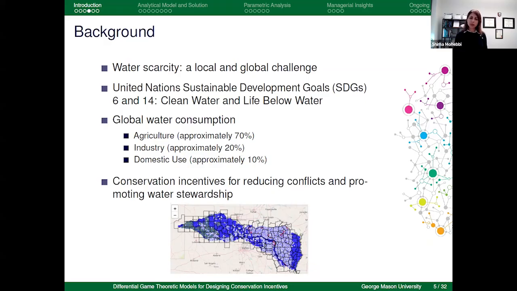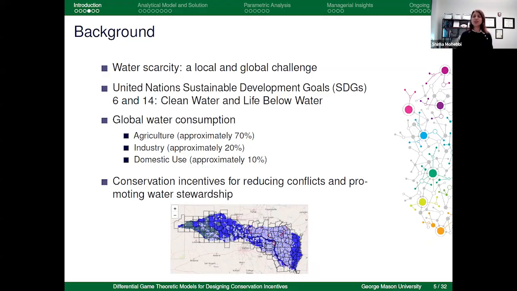So, freshwater resources, both surface and groundwater, are a vital component of environmental systems and are essential for human and societal development. In fact, two of the United Nations Sustainable Development Goals, Goal 6, clean water and sanitation, and Goal 14, life below water, especially address the importance of clean water provision and the protection of aquatic ecosystems.